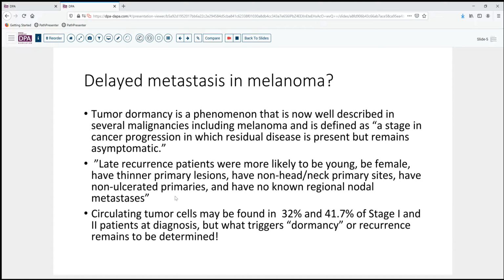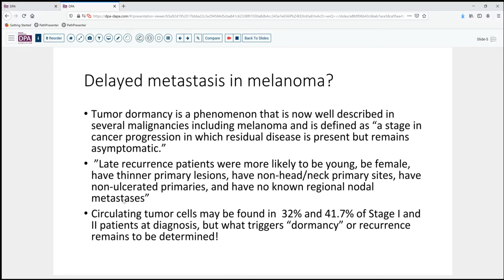One large study found that these late recurrence patients tended to be more frequently younger, female, have thin primary lesions that were not involving head or neck sites. They were not ulcerated and generally did not have regional nodal metastases. Now, in this case, he did have a delayed regional metastasis, but this highlights the fact that distant recurrences are, in fact, what we tend to find in these delayed circumstances.